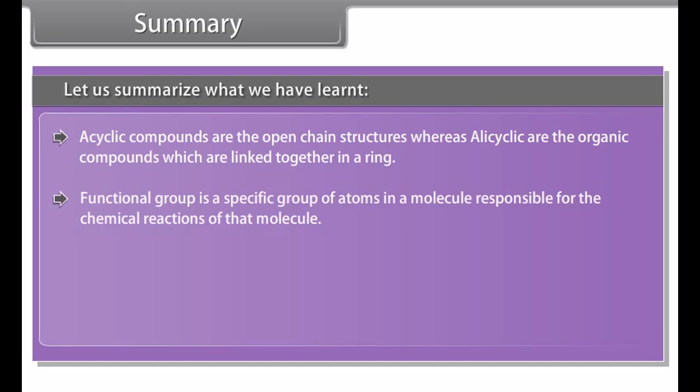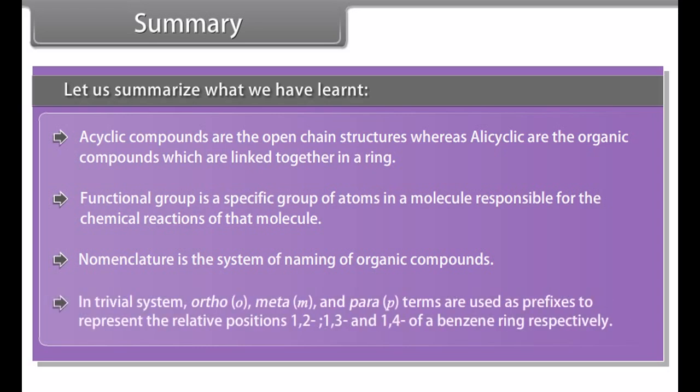Functional group is a specific group of atoms in a molecule responsible for the chemical reactions of that molecule. Nomenclature is the system of naming of organic compounds. In trivial system, ortho, meta, and para terms are used as prefixes to represent the relative positions 1,2, 1,3, and 1,4 of a benzene ring respectively.